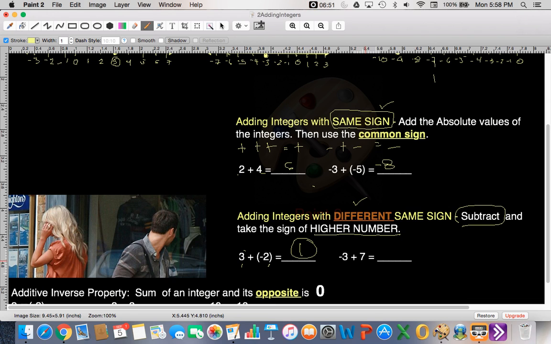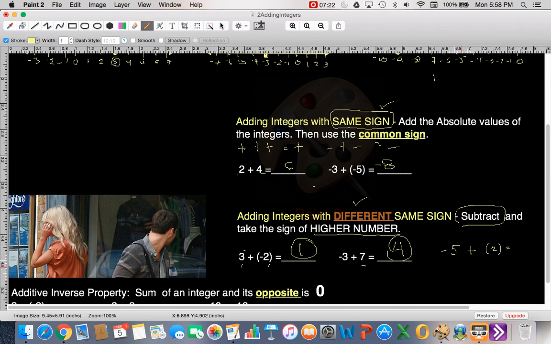Negative 3 plus 7. Here, you're going to subtract 3 from 7, which is 4. And the higher number here is positive 7. So it's positive 4. Let's add some more examples. Negative 5 plus 2.